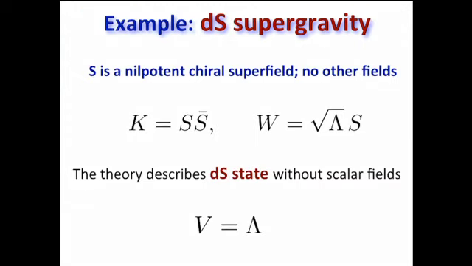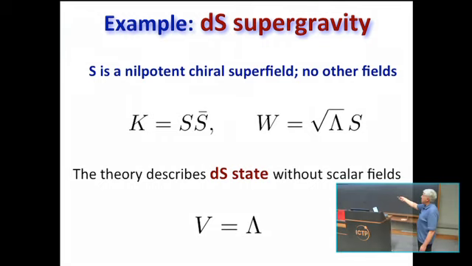So some examples. Let's take the absolutely basic Kähler potential S S bar and superpotential square root of lambda S. Now, we are not talking even about attractors, because at this time we have just one field, and even this field is nilpotent. That's what Renato was talking about yesterday, about uplifting and de Sitter supergravity.